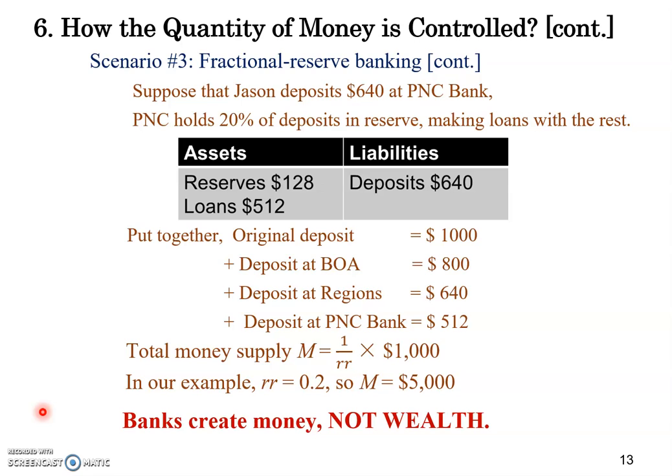Now, another way to look at this is every time a bank makes loans, it creates new money, right? But don't forget on the liability side, the deposit would go up as well. So the banks or the banking sector would owe more and more to the depositors. So the total amount of wealth does not really change at all, right? So here we discuss the fractional reserve banking system, and how it creates money.